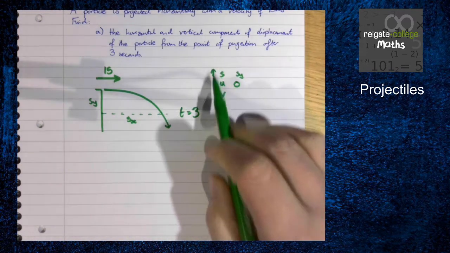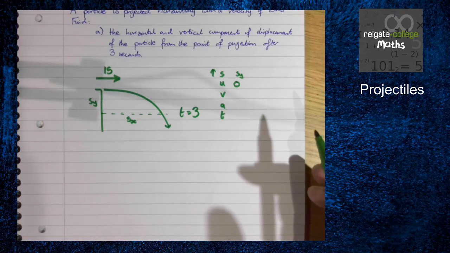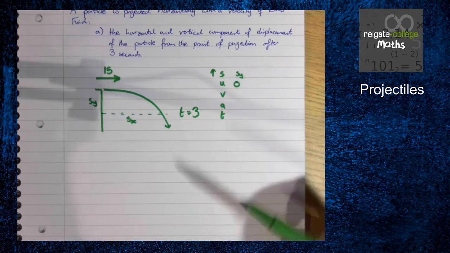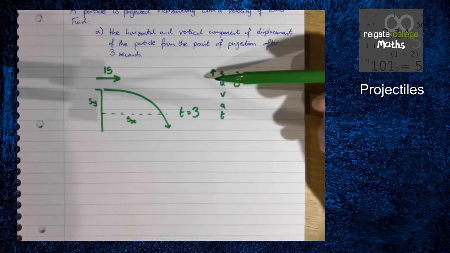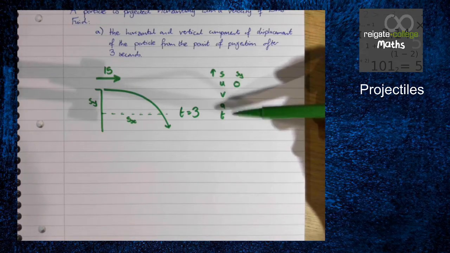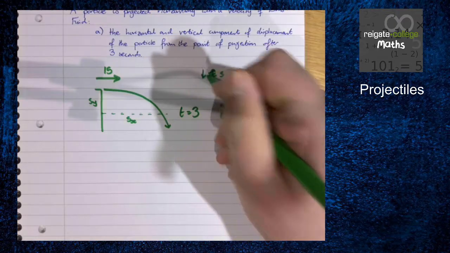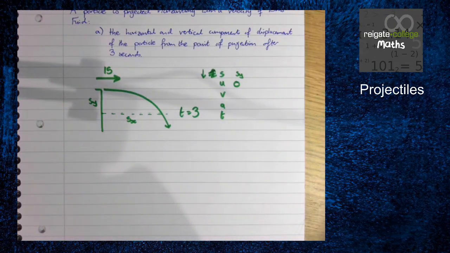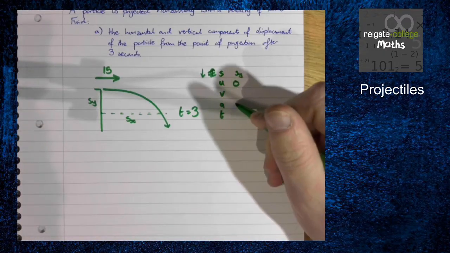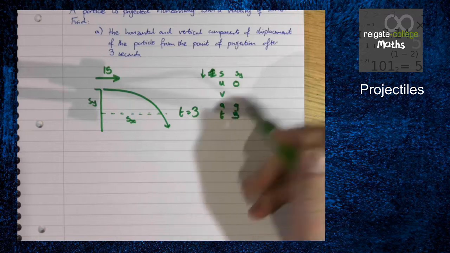Now, I've taken up as positive because that's what I always do for these questions. But if you want to think about the problem a little bit more, moving down is probably going to be better. So let's take down as positive because it's moving downwards, which means that our acceleration is just g, and we know that time is 3.